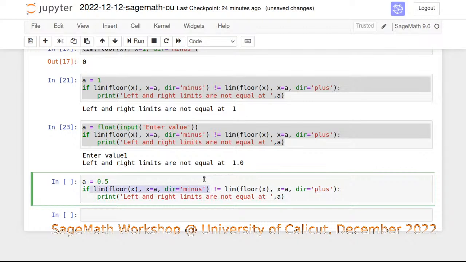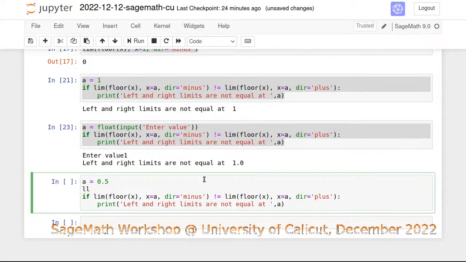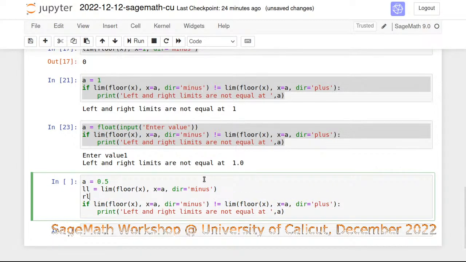Maybe we can just take this as left limit here, plus right limit. I am using the variable names LL and RL. If LL equal to RL and LL equal to the function value.